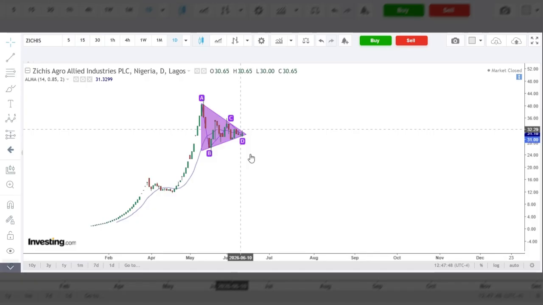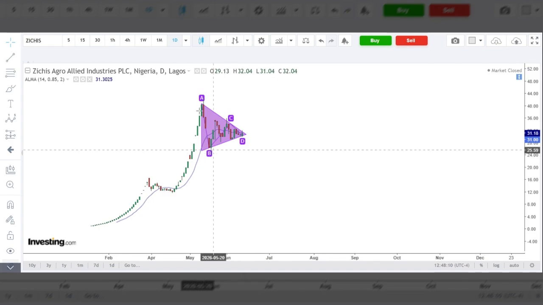And based on my experience as someone that's been doing technical analysis for the Nigerian Stock Exchange, anytime I see the moving average aligning with the support or resistance zone, there is always a strong potential market reversal on the horizon.